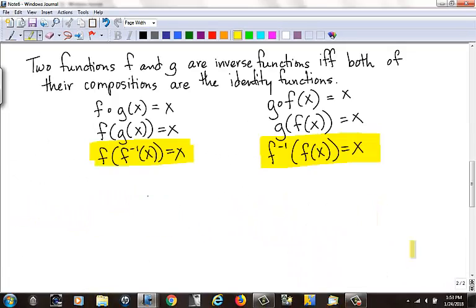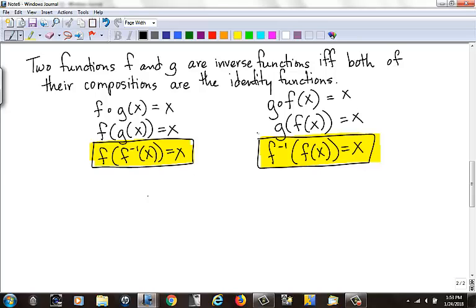They will ask you to prove that what we just did in example 1, that they really are inverses. Basically, how do you check that they really are inverses? You do both of these compositions as a check.